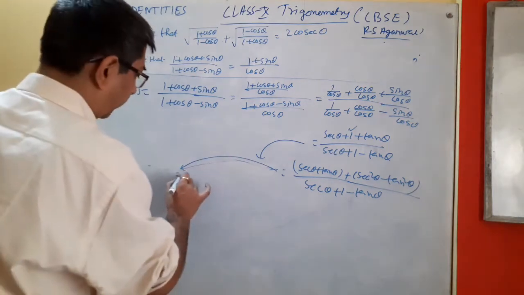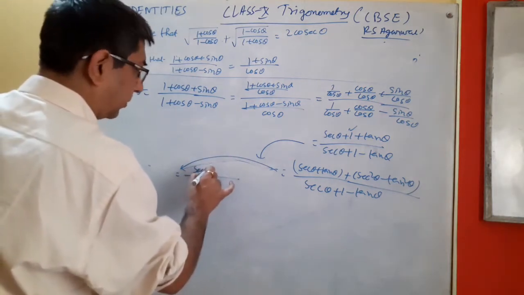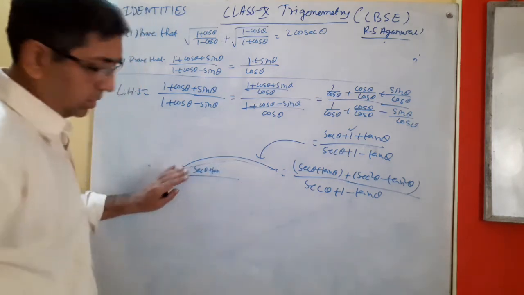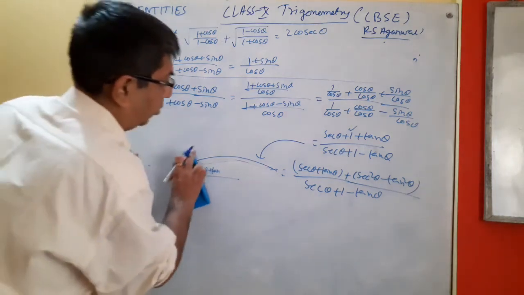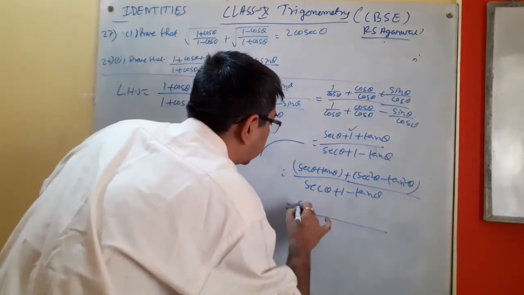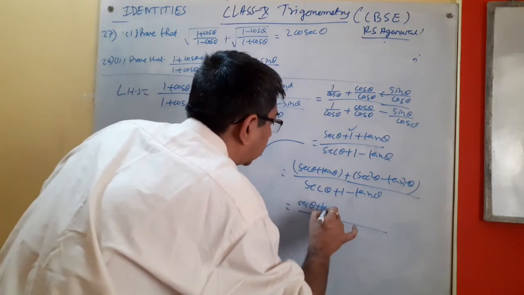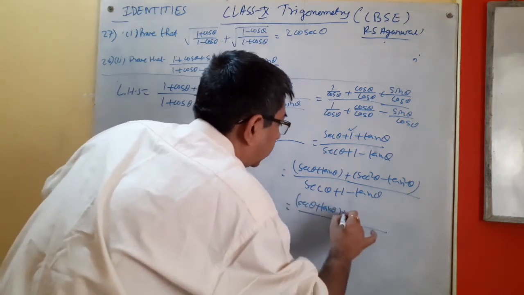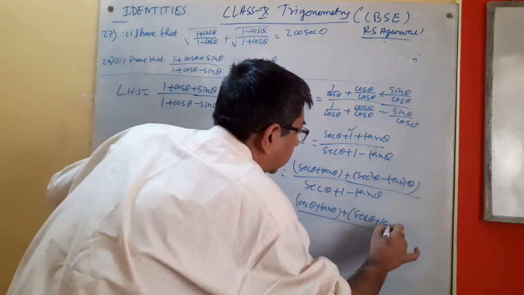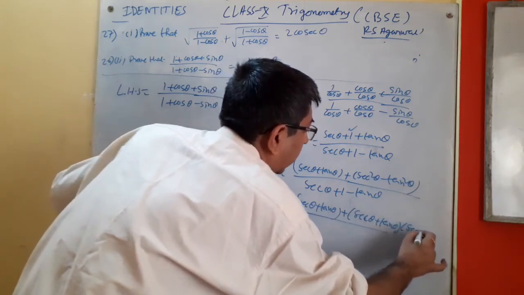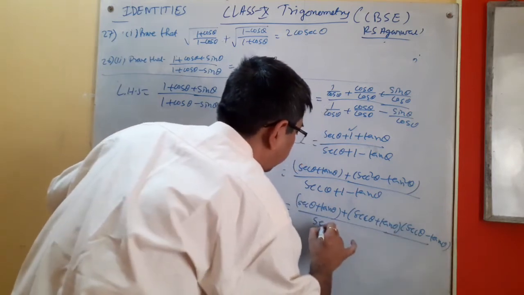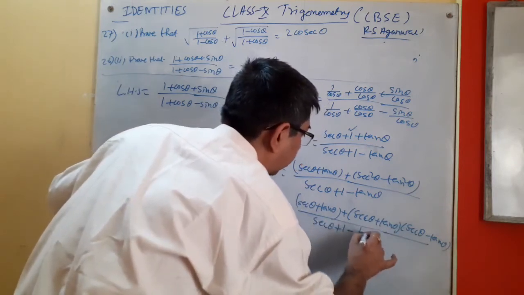So this is sec theta plus tan theta is common. Do a little bit here. So this is sec theta plus tan theta into sec theta minus tan theta, sec theta plus 1 minus tan theta.